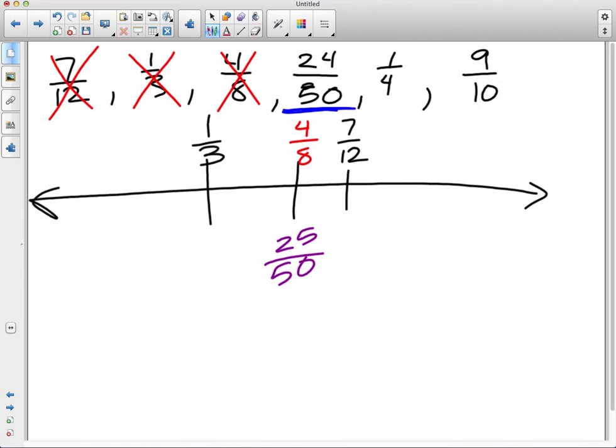What else do we know about it? Like way less than though, Yash? Way over here? Just right next to it, because we know that 24/50ths is very close to 25/50ths. So again, if we're trying to be efficient, we can go ahead and label this right here 24/50ths. Great, and now we're done with 24/50ths.